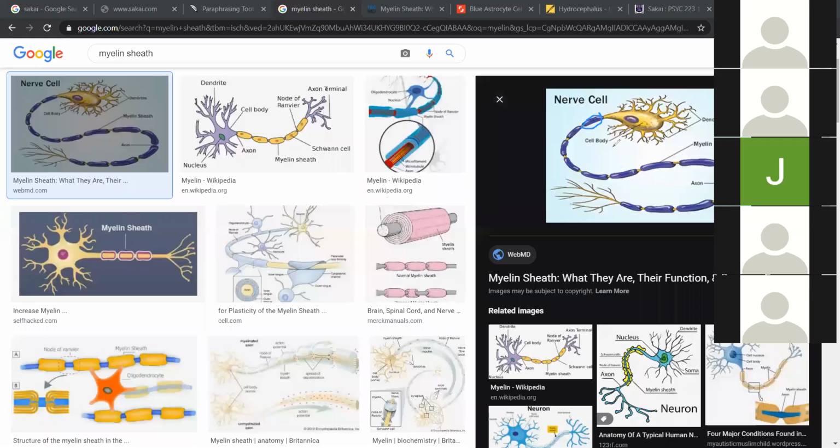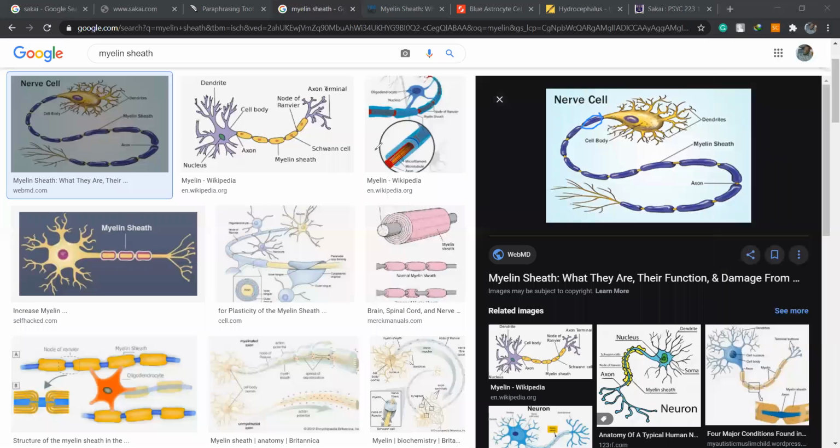But when you see the same structure within the peripherals, your muscles, your limbs, that's your legs, we call it Schwann cell. And its function, we will delve more, but currently you need to know that it speeds up neural activity within the neurons. I will explain more about it later.